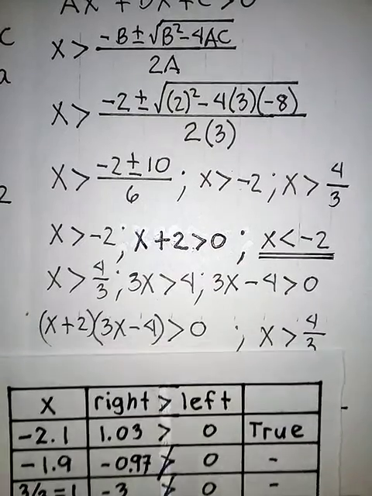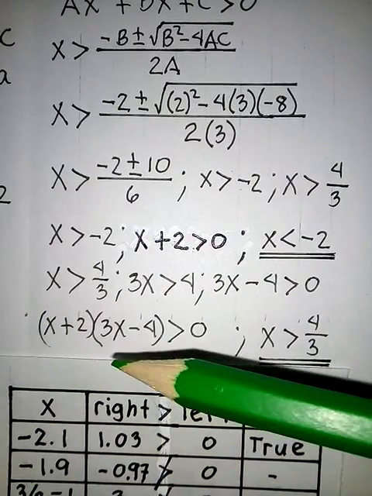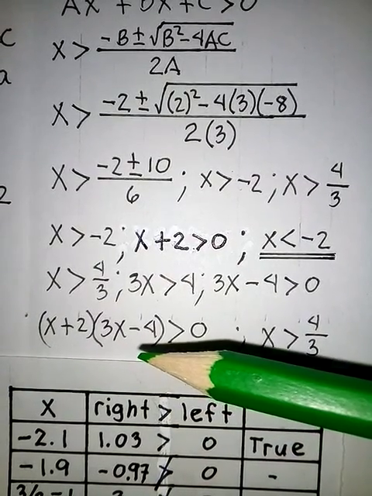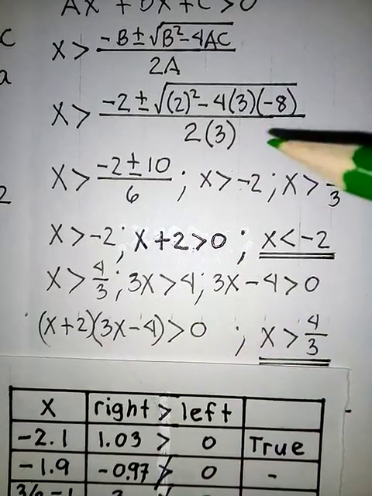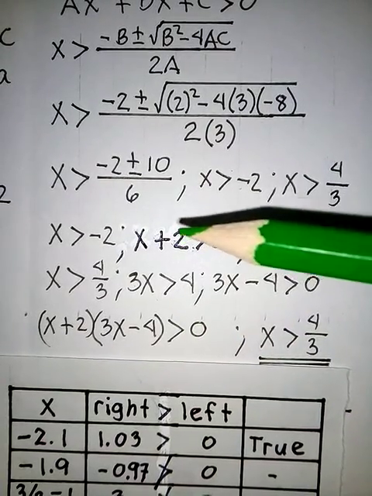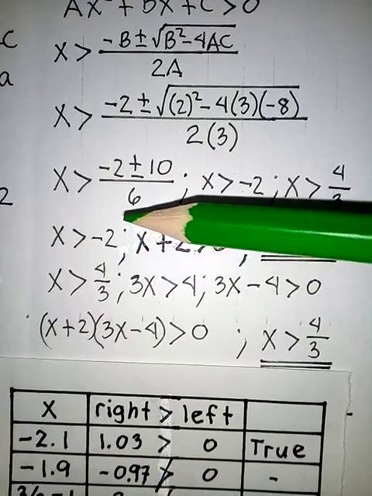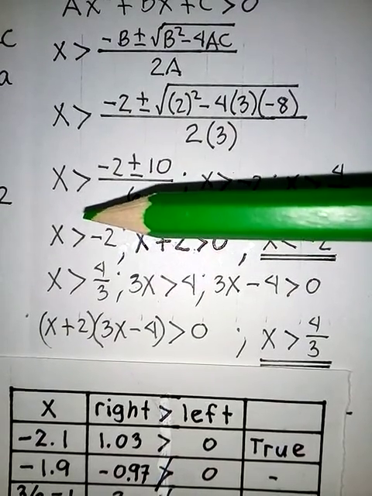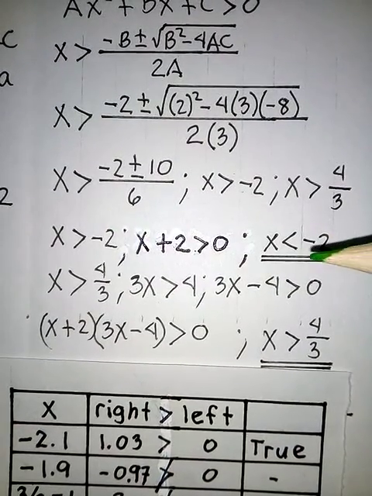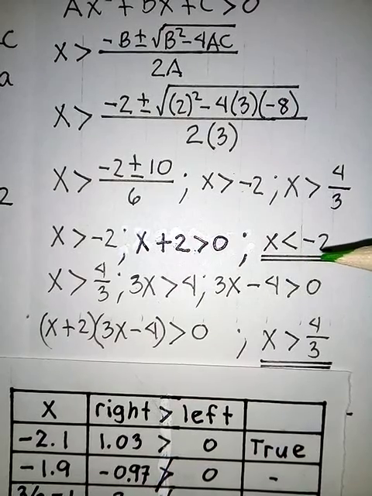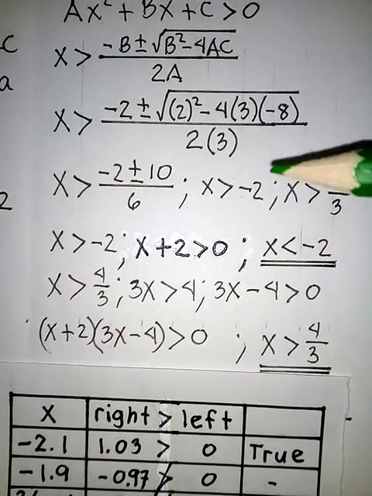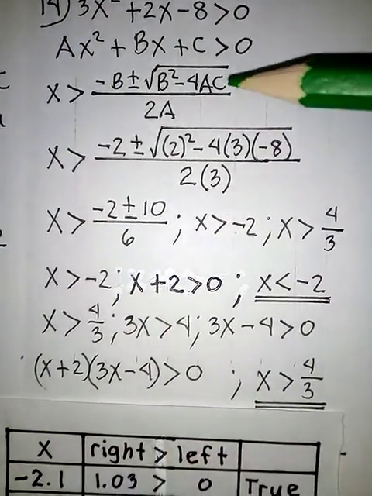So, the two factors now will be x plus 2 multiplied by quantity 3x minus 4 greater than 0. But first, we have to analyze which of these two values, x greater than negative 2 or x less than negative 2, will satisfy the original equation.